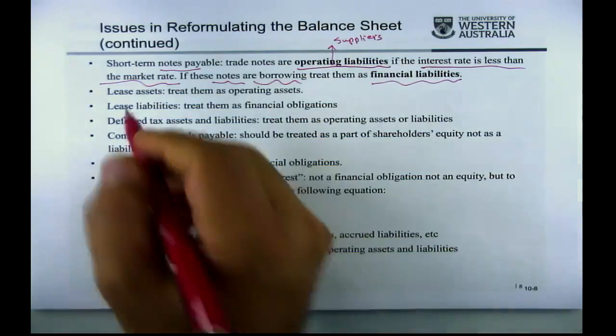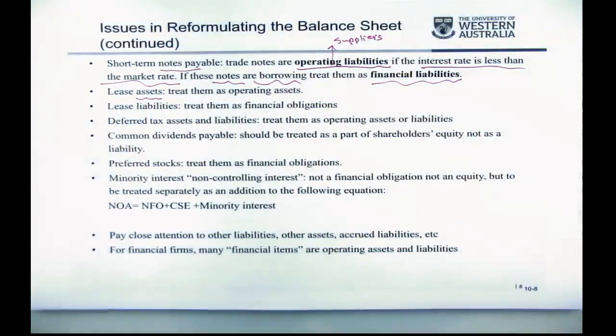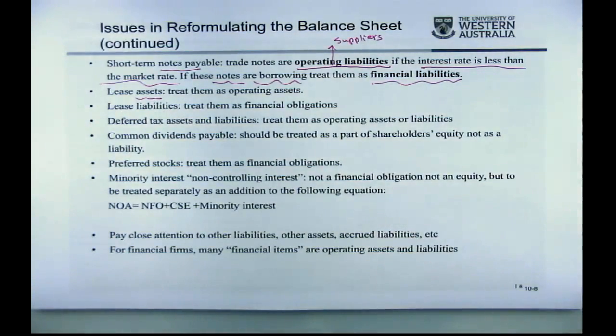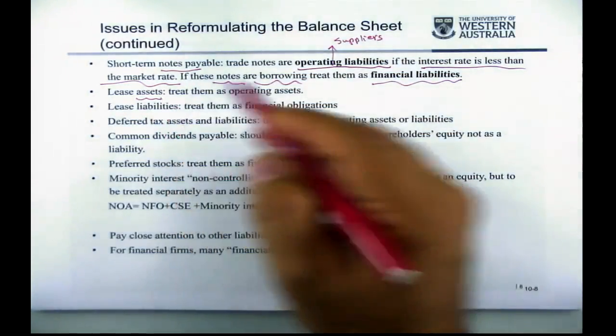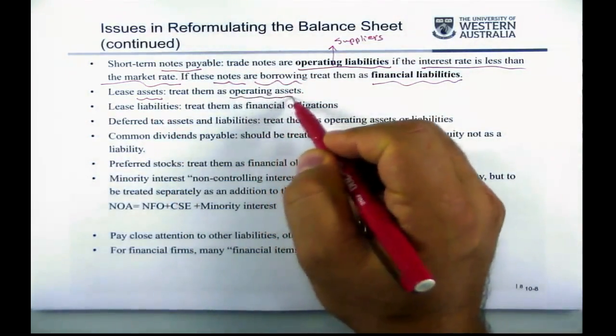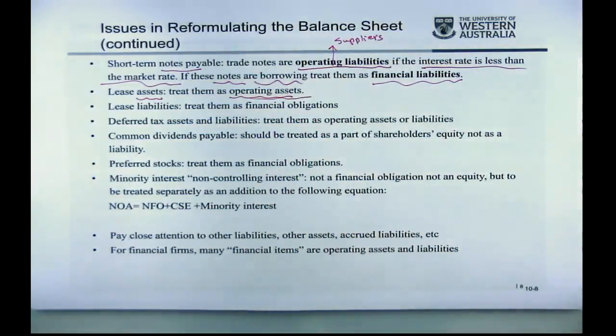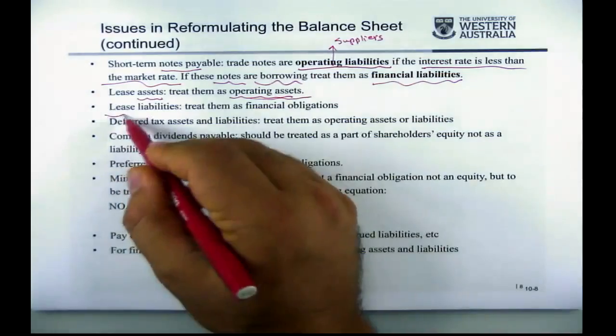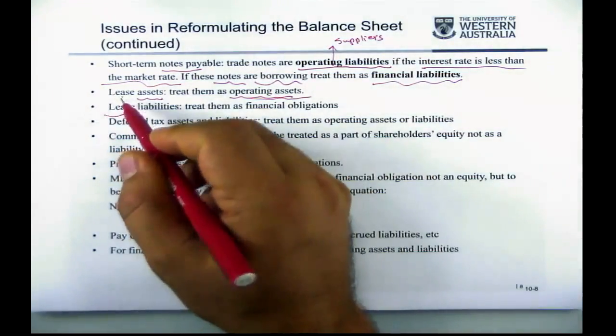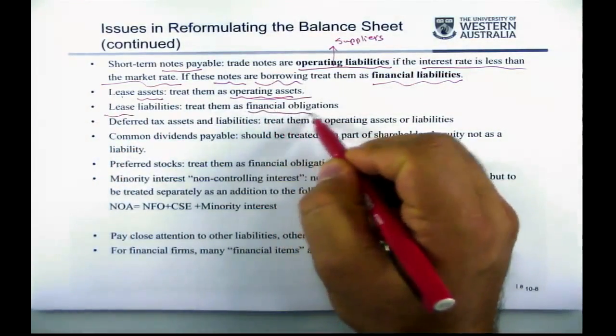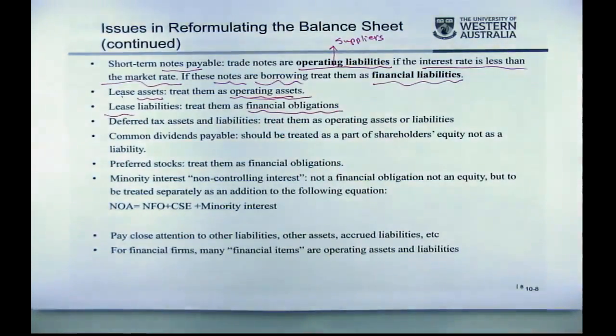Lease assets, these are the assets that are borrowed by the firm from other firms. In this case, the lease assets should be treated as financial assets. And on the other side, the lease liability arising because of lease assets should be treated as a financial obligation. There are certain conditions that are to be met.